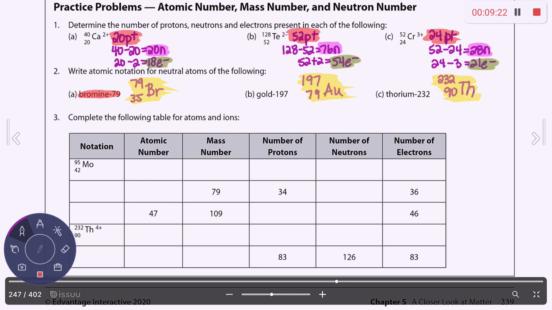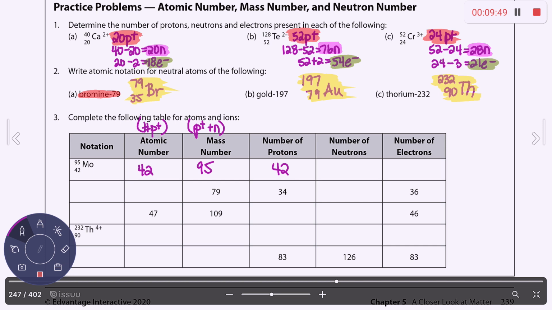First row, you guys ready? I want to read it across. 42. Okay. 95. We're not done with the protons, but we have the other ones. Atomic number is the same thing as the number of protons. Okay, so 42. Okay.